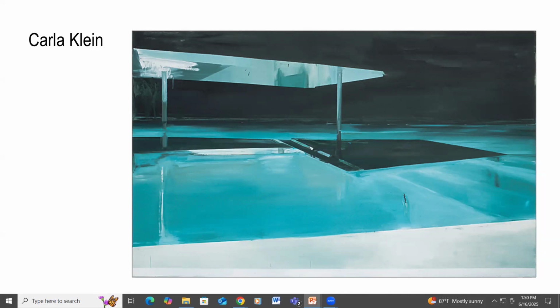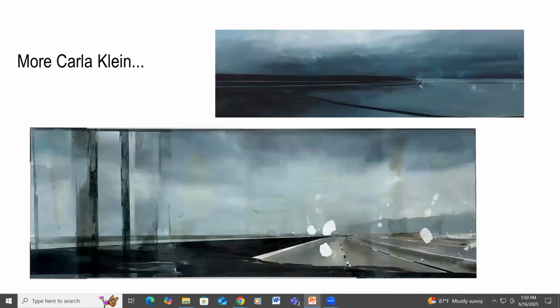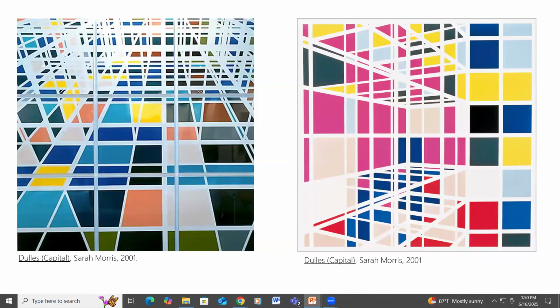And then here's Carla Klein, a contemporary artist who explores some similar things. It's subtle in Carla Klein, so sometimes you can't quite figure out where the perspective system is, but it's in there. The space goes back in a perspective system. Sarah Morris makes various kinds of paintings, but some of the ones that she makes have this implication of perspective space.